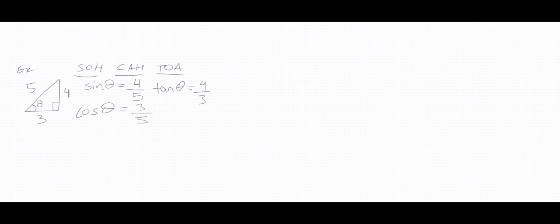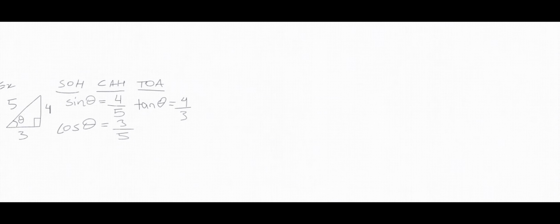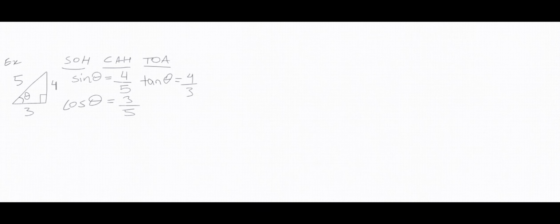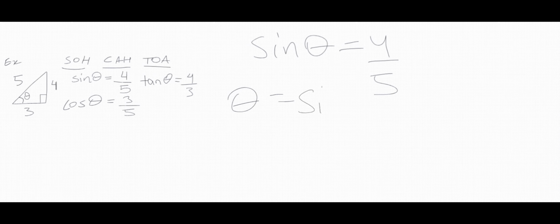So if we have sine theta equals 4 over 5, we want to make sure theta stays on one side and sine goes to the other. So for that, we have to use sine inverse. It's usually written like that: sine inverse of 4 over 5.